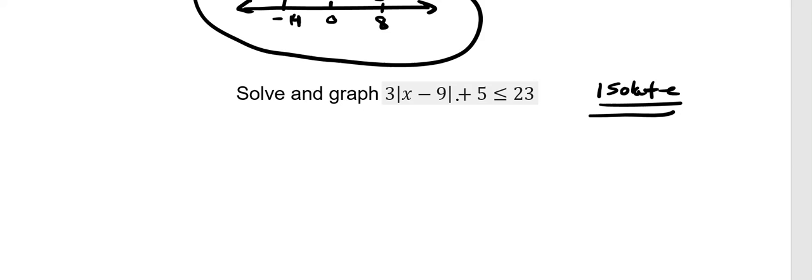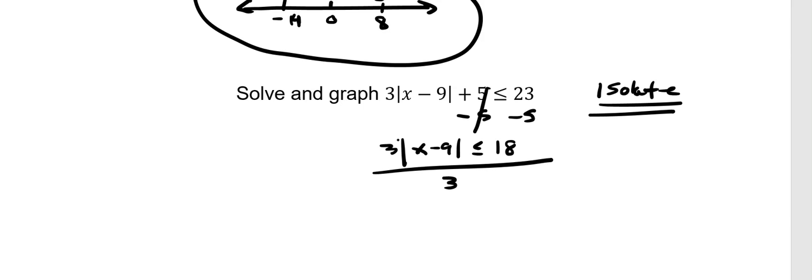We first have to undo the adding of 5 by subtracting, then move on to undoing the multiplying by 3 by dividing. So let's get the isolating done first. Subtract 5, and you get 3 times the absolute value of x minus 9 is less than or equal to 18.